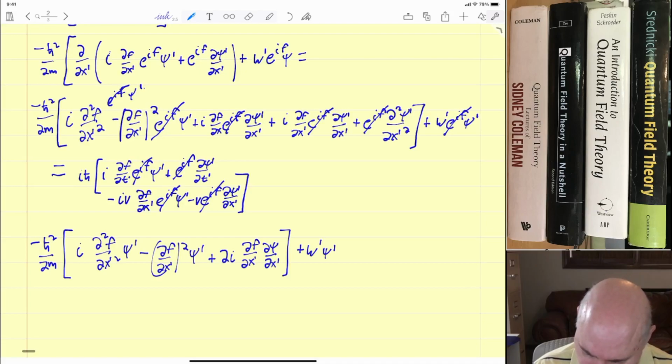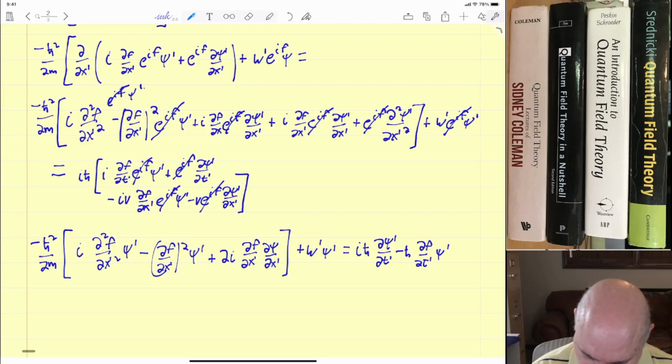And now this is equal to, I want to take this term first, reasons I'll explain. This is equal to i h bar partial of psi prime with respect to t prime. Okay. And then here I have an i and an i, so that's a minus 1. So it says minus h bar, the partial of f with respect to t prime, psi prime.